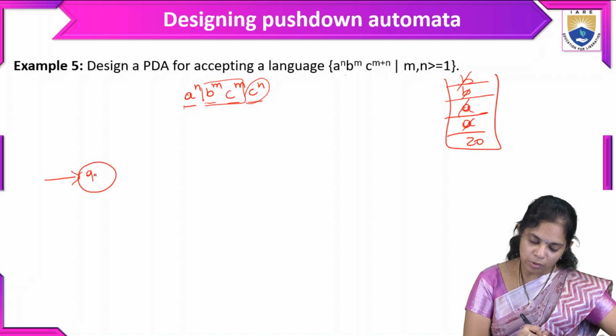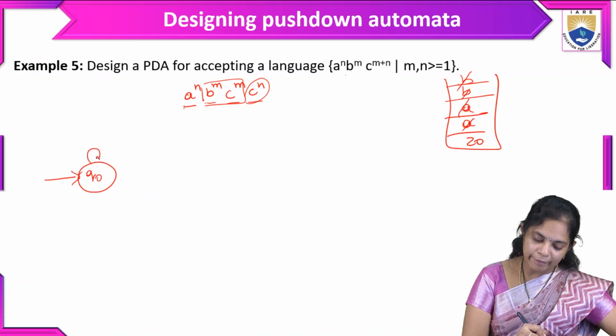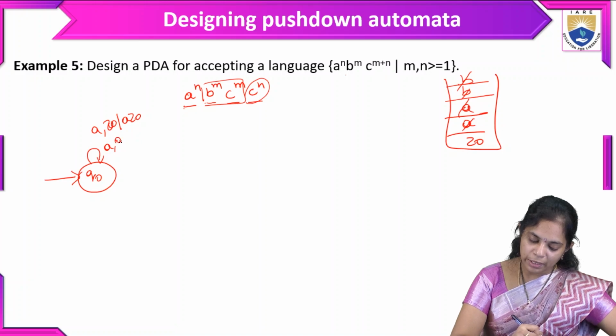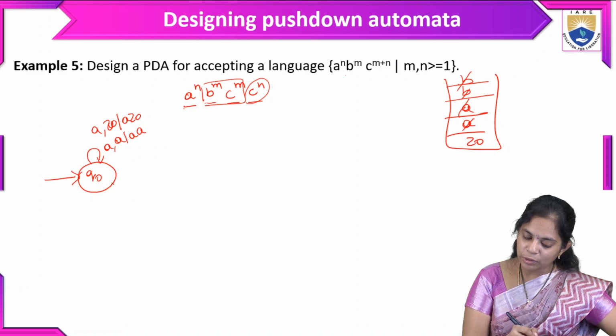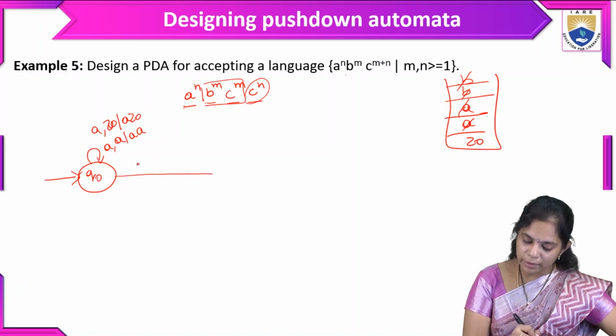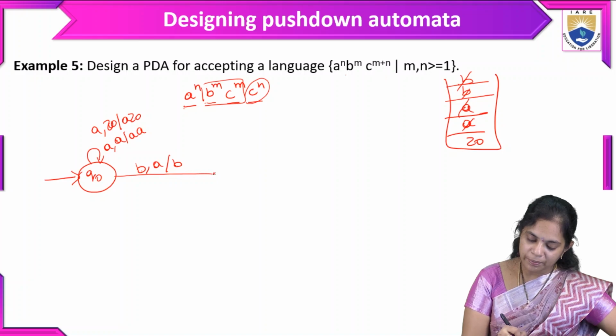This is the Q0. So while reading A value, A and top of the stack symbol is Z0, and push A Z0. And for multiple A's, we have A. And here, after reading the values of B, we need to go for the B also. So we need to write top of the stack symbol is A, and we need to push the values into the stack.